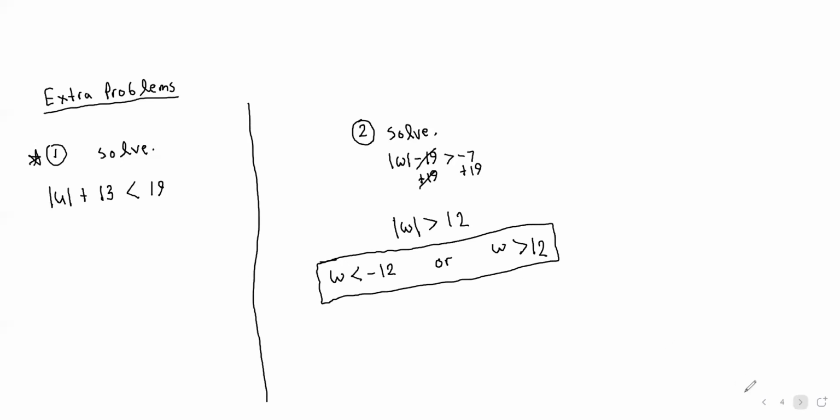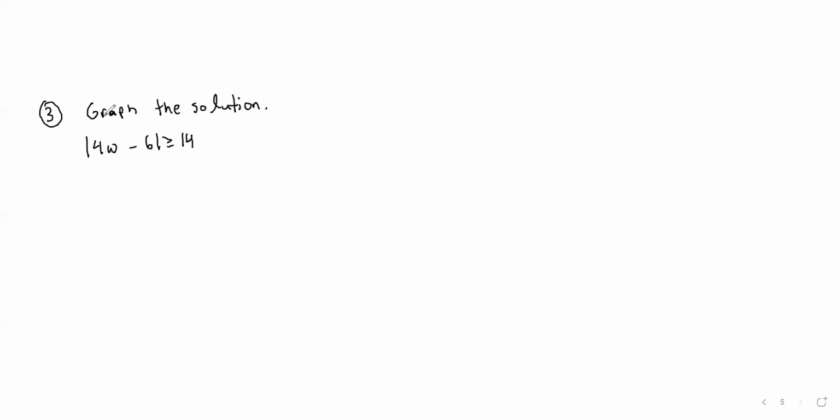So let's look at problem 3. We want to graph the solution. Absolute value of 4w minus 6 is greater than or equal to 14. So again, we have the absolute value of x greater than or equal to c, where x is the 4w minus 6 and c is the 14.